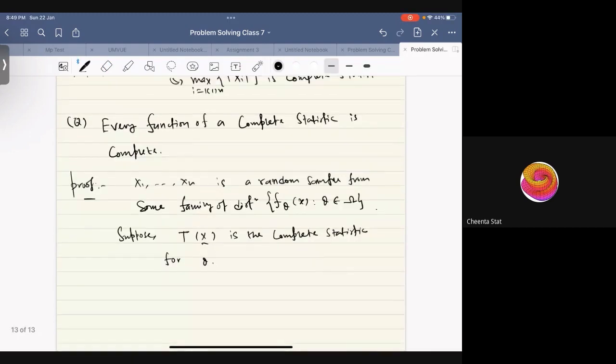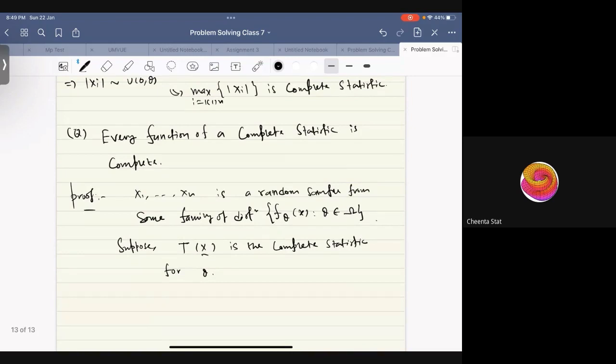Now every time you see a statement, you have to think how to approach this problem. Every function of a complete statistic, so the complete statistic is T, I am assuming.